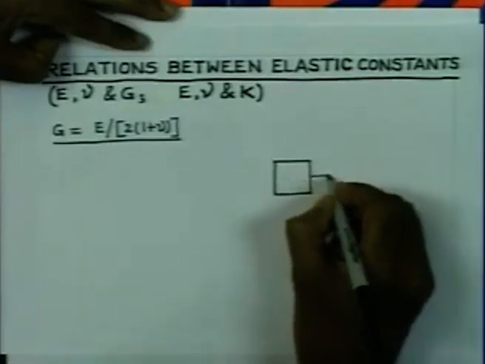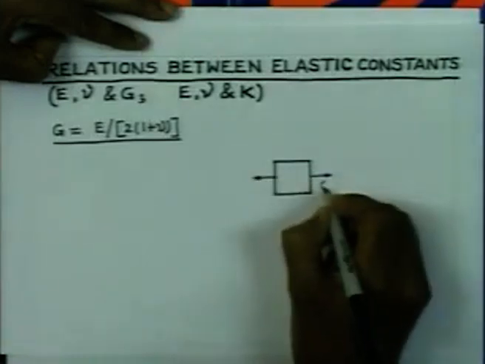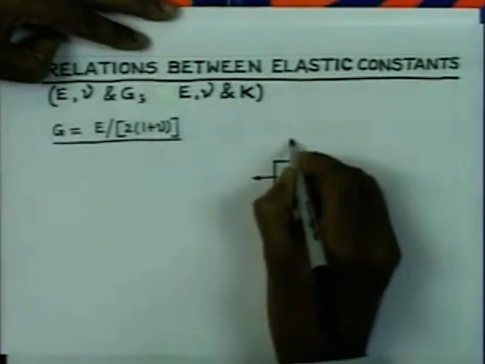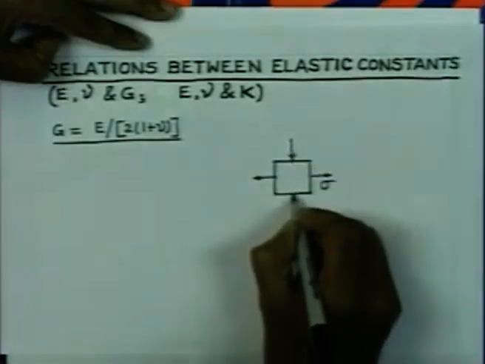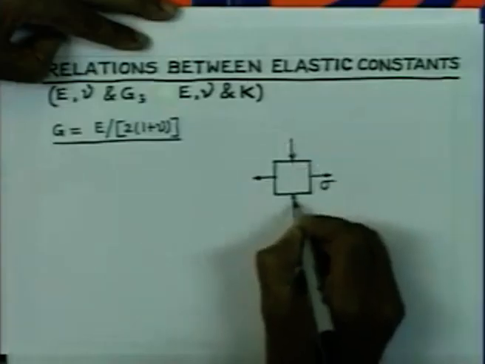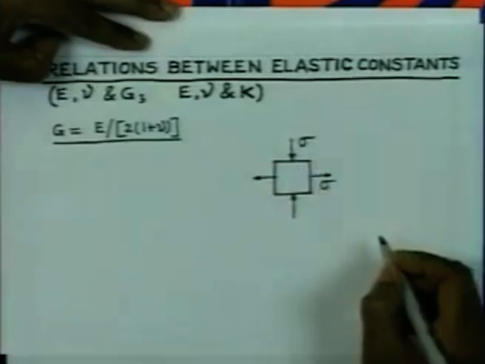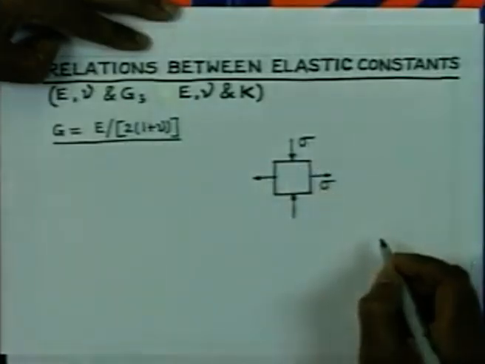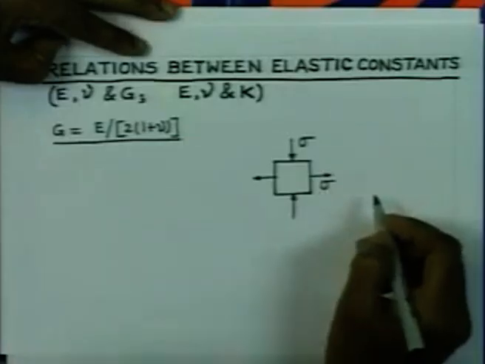This material point is subjected to stresses, let us say sigma in the x direction and sigma in the y direction, but this is compressive. There is no shear stress, so these are principal directions.